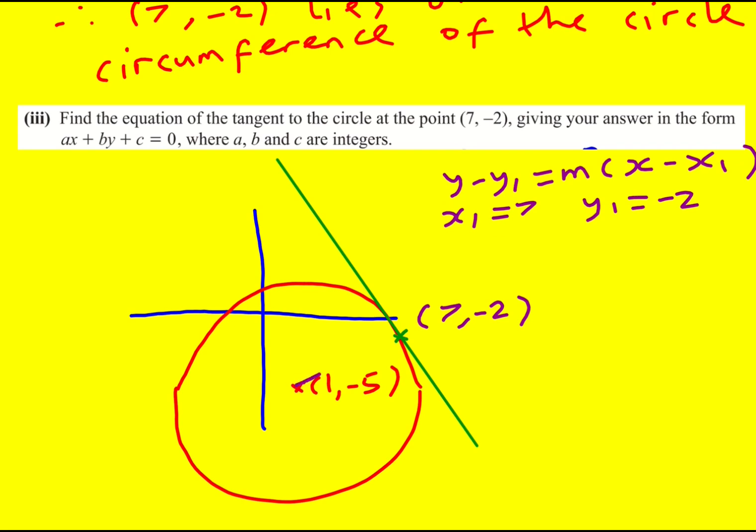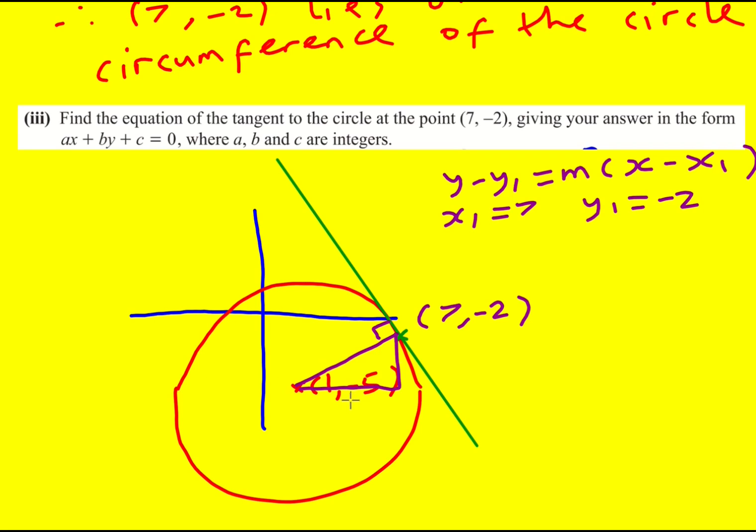And that can be found by connecting up the center to the point in question. And we can find the gradient of the, not of the tangent yet, but of the line that goes towards the tangent. Actually, it's at right angles to it. It's called the normal. So we want to find the gradient of the normal.